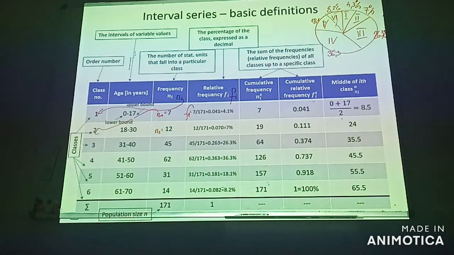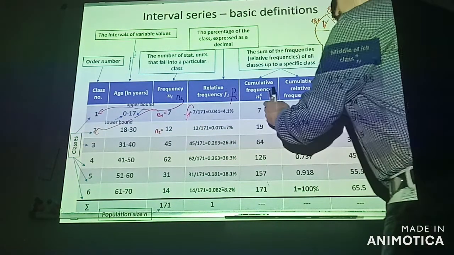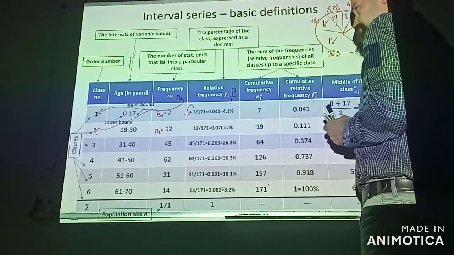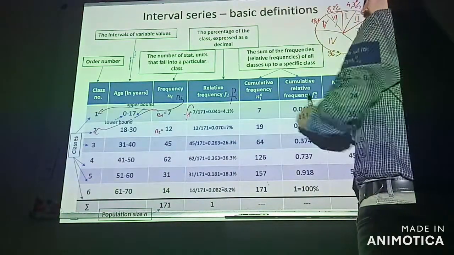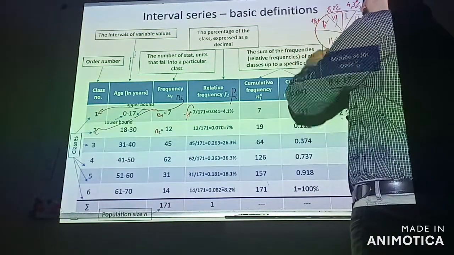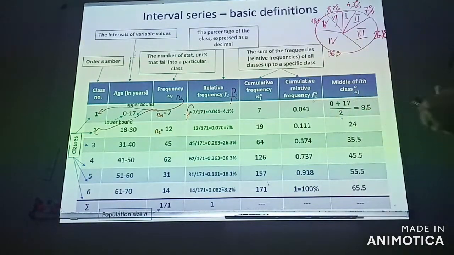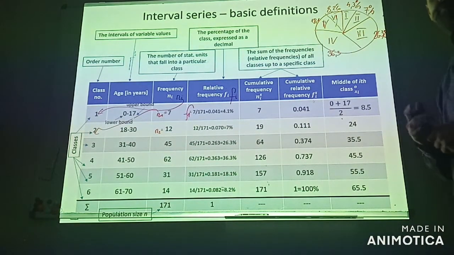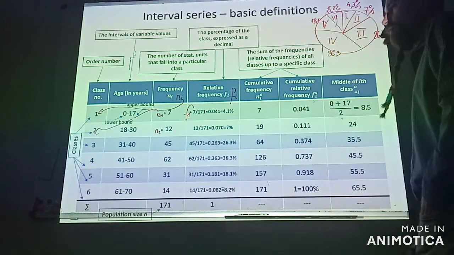Now we are dealing with cumulative terms. What does it mean? Here we have the sum of the frequencies or relative frequencies of all classes up to a specific class. It's very simple. I can compare this situation with a snowball.